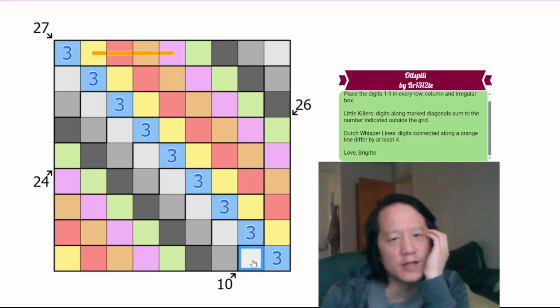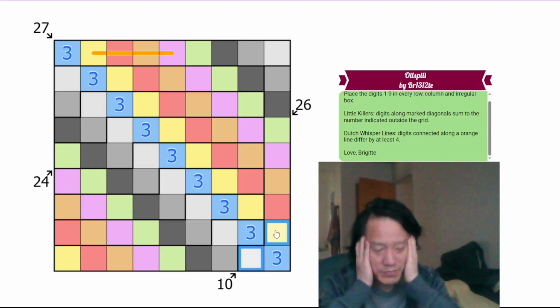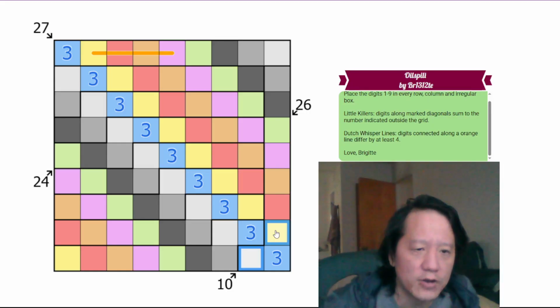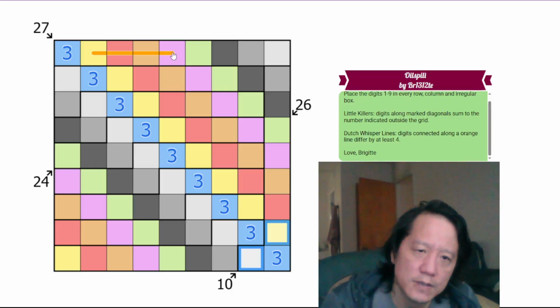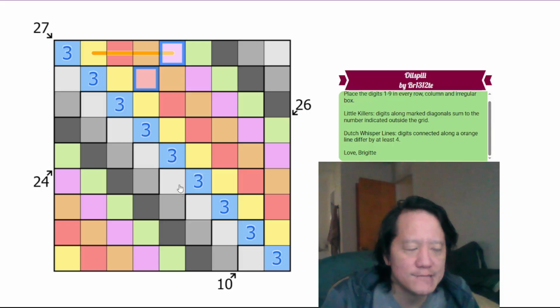So we have light and yellow adding up to 10, and green, medium, red, and pink adding up to 21. So that's a total of 34 for blue, red, pink, medium, green, light, and yellow.